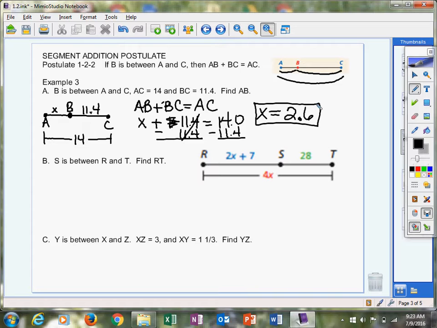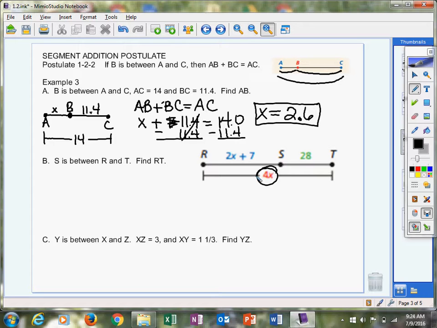All right. Now this time they gave us the figure in letter B. S is located between R and T. Got it. There's our figure to the right. And we're supposed to find RT. So they really want us to find what 4x equals, because RT is 4 times x.